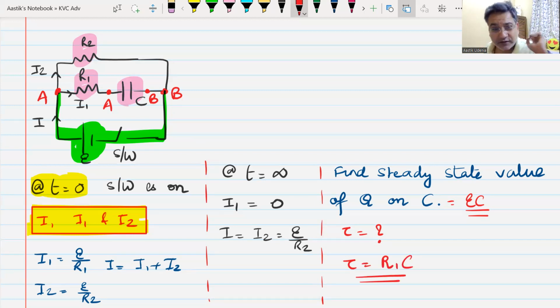There is one more way to find the time constant of a circuit. How do you find the time constant of the circuit?